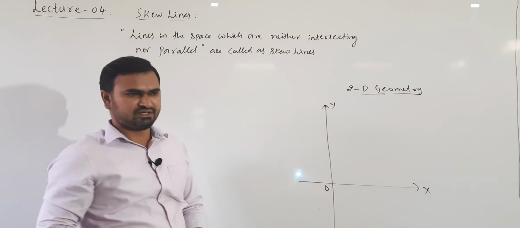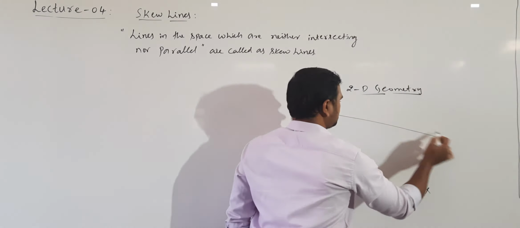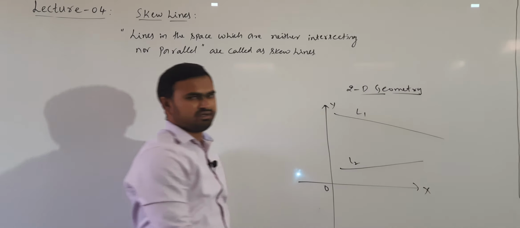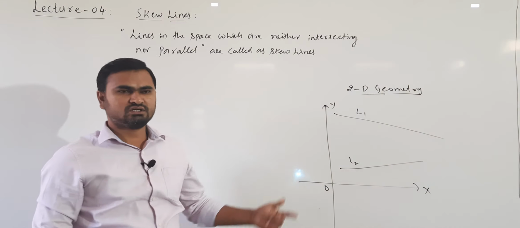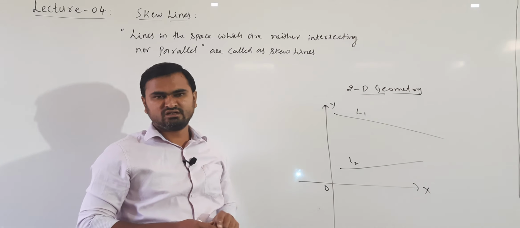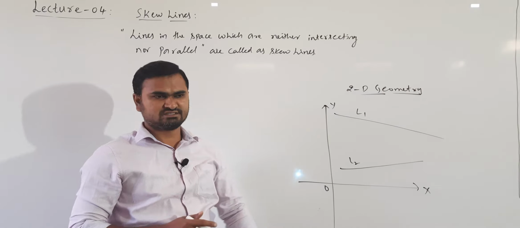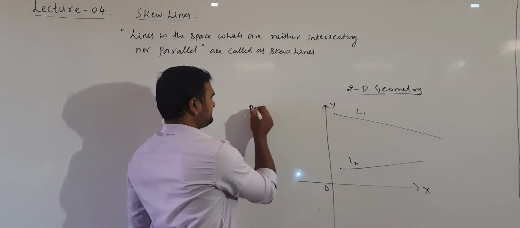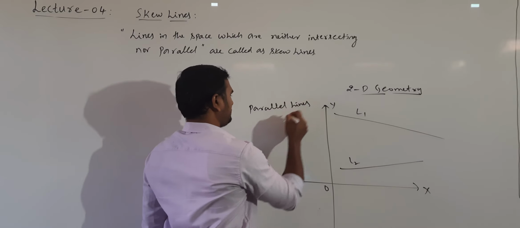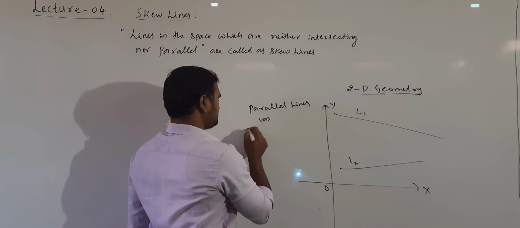Any two lines you take, suppose this is first line L1, this is second line L2, in the plane we have only two types of lines: one is parallel lines, another is intersecting lines.